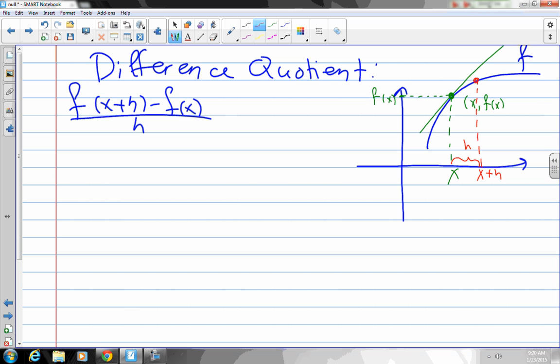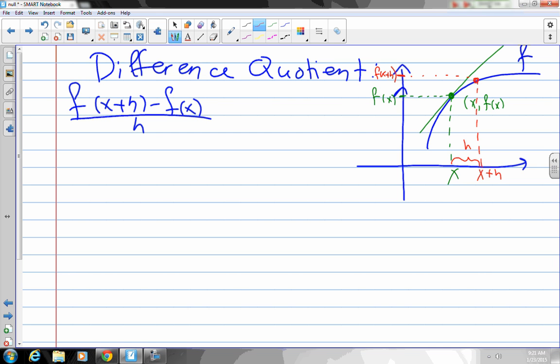Okay, so we're actually labeling the distance from the original x value. I'm going to cheat a little bit, I need more room over the y-axis. So then the y value is f of x plus h.